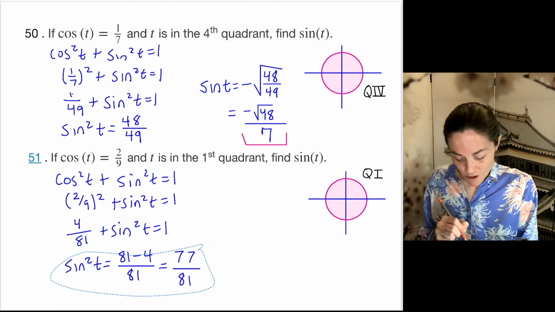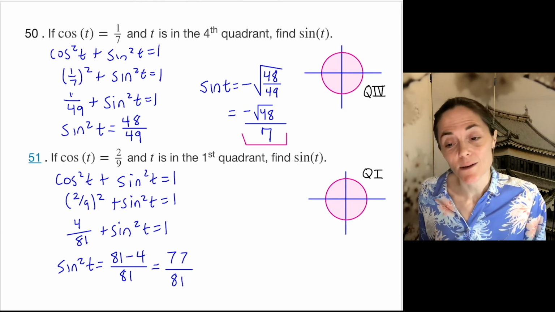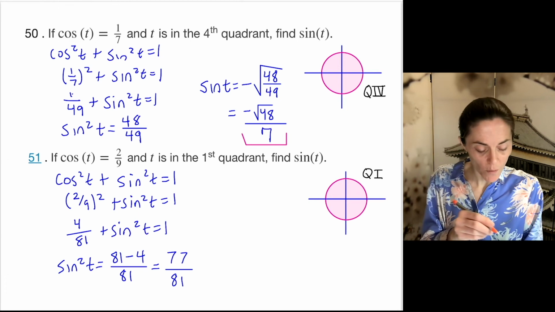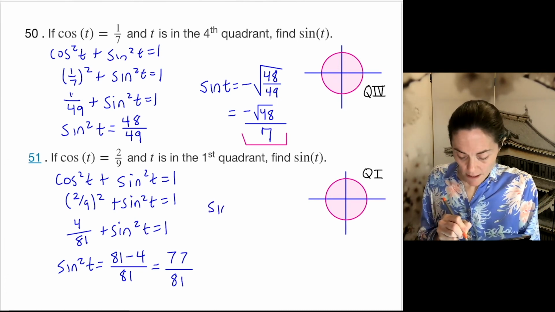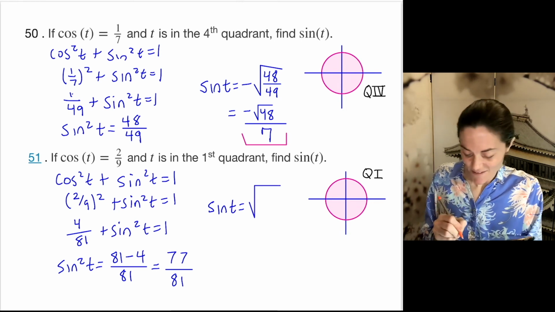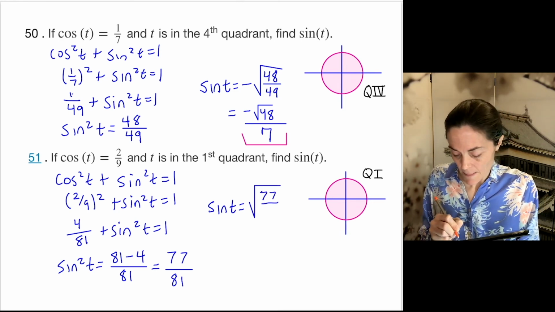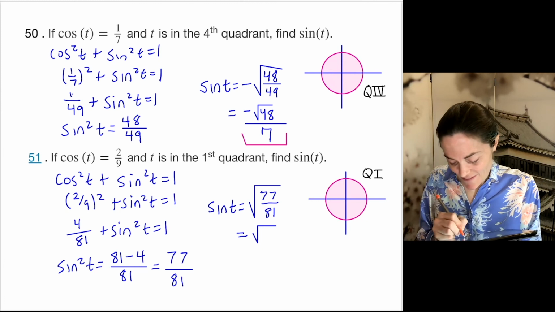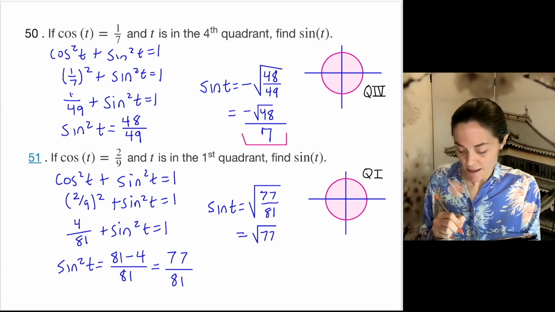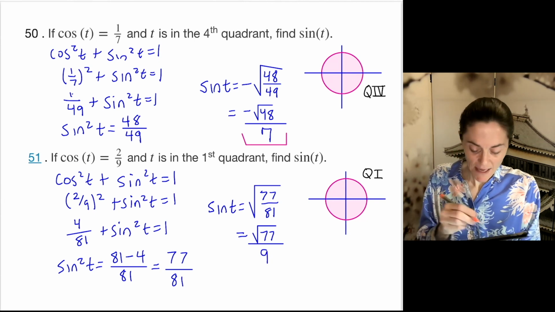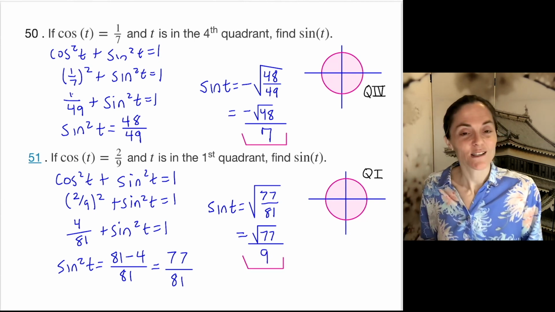The only thing left to do to figure out the sine of t is use the fact that we are in quadrant 1 and the sine is positive in quadrant 1. So the sine of t is positive square root of 77 over 81. Which I can write similar to the above as the square root of 77 divided by, well, the square root of 81, which is 9. This is my answer here to 51.